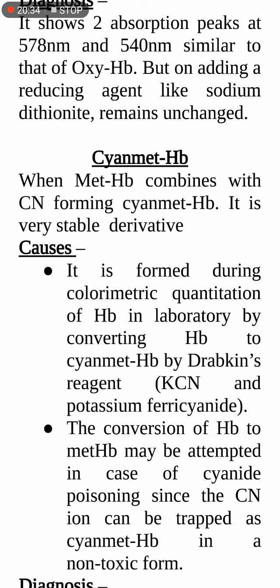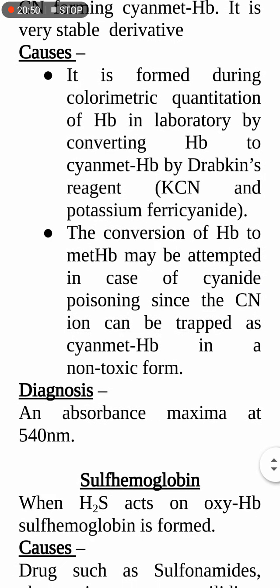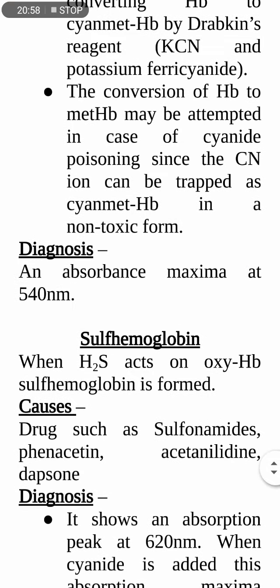The hemoglobin can be converted to methemoglobin, and this may be attempted in case of cyanide poisoning, so that the cyanide ion can be trapped as cyanmethemoglobin in a non-toxic form. Diagnosis: the absorption maxima at 540 nanometer.